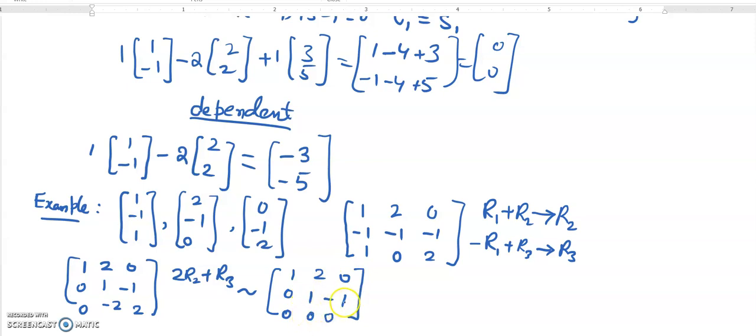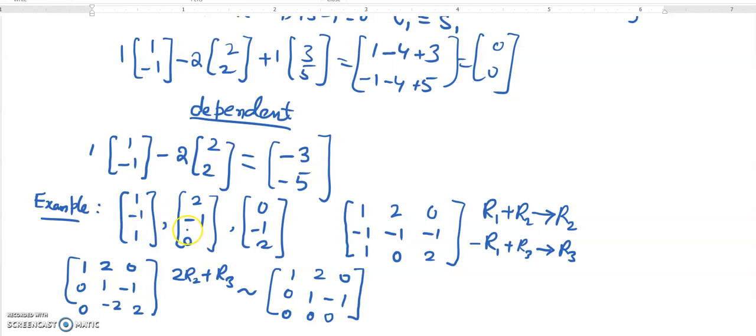So we can always choose x3 equal to a free variable s1, and then the other 2 solutions will be in these 2 terms. So that means we can always relate these 3 vectors with some arbitrary constants and scalars.